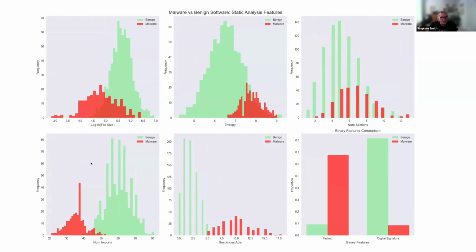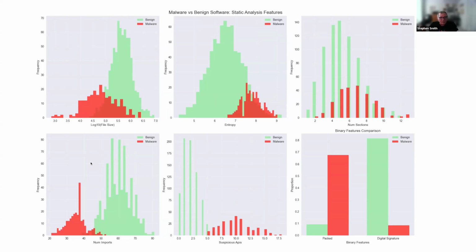The key concept is we're analyzing without executing. We're just looking at the contents of the file. PE is a Windows executable format. So this is kind of Windows specific, but that's the way the world is. So we love Windows. Entropy, right? We measure randomness that can indicate packing or encryption.